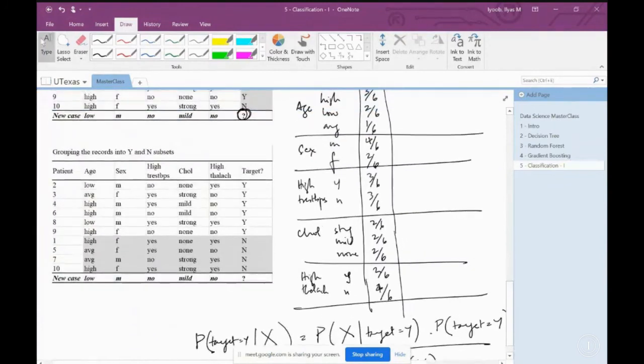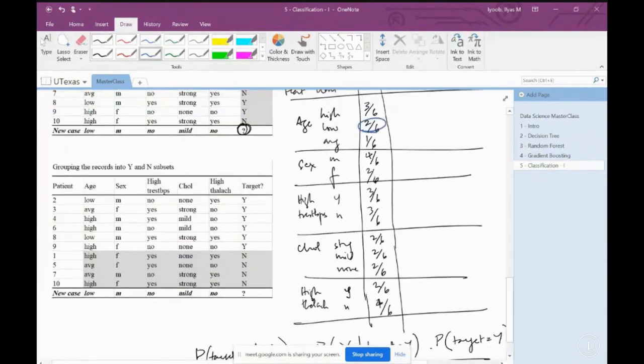Our new case says that the age is low, so let's mark that, male, no, for the third feature that's mild, and then high is a no, right?